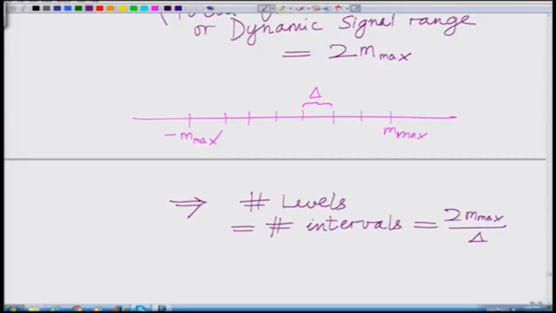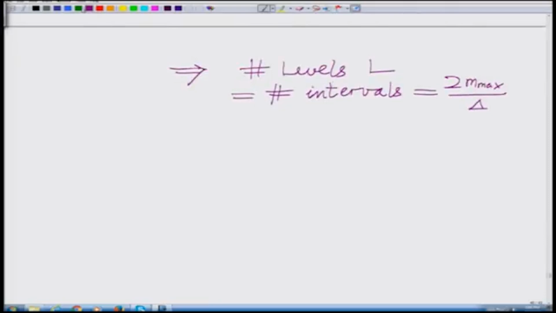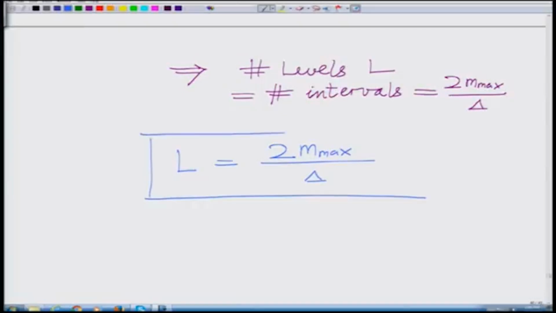So, let us say the number of quantization levels L, which is an element of this discrete set, we have L equals 2m max by delta for this uniform quantizer. Okay.